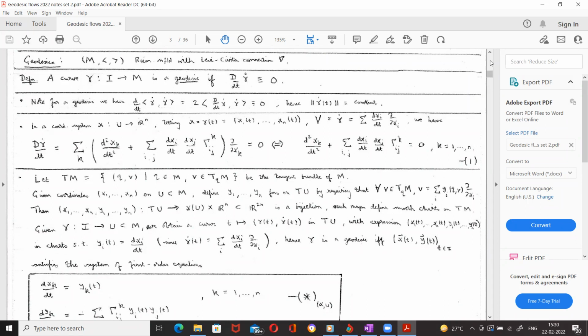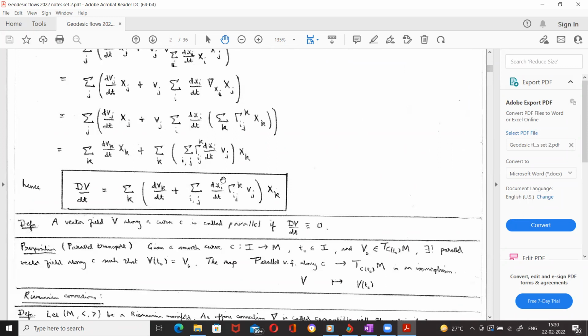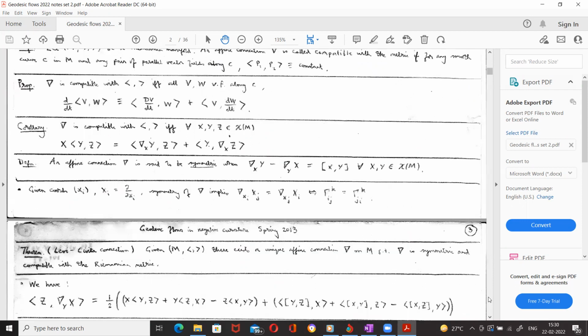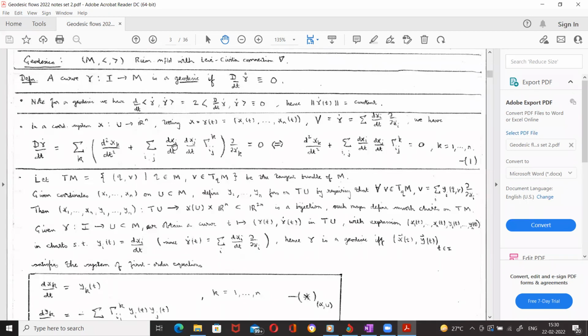In this formula I have dxi/dt into vj, so that dxi/dt comes from here, and vj will be dxj/dt. So I get a product dxi/dt dxj/dt, and then I have the Christoffel symbols gamma ijk, the whole thing into del xk. This sum over k is 0. The del xk's are a basis, so this sum equal to 0 means that each coefficient inside is 0.